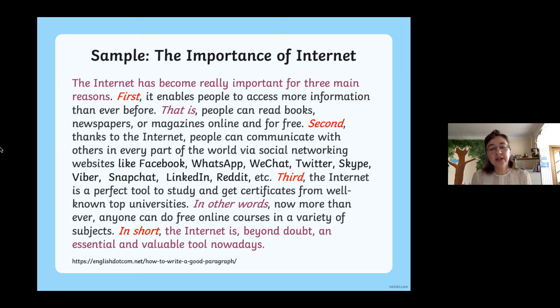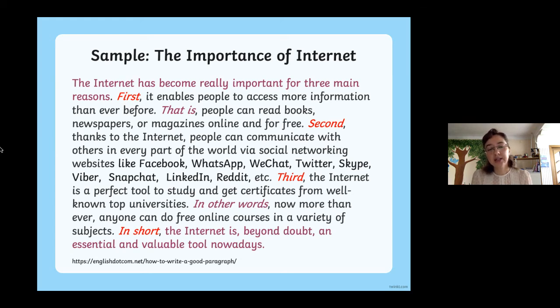So let's look. Now we have got the second example. We have got actually second and third examples, and then after examples, what follows is explanations. And the last sentence here is a conclusion. Let's read it. In short, the internet is, beyond doubt, an essential and valuable tool nowadays.